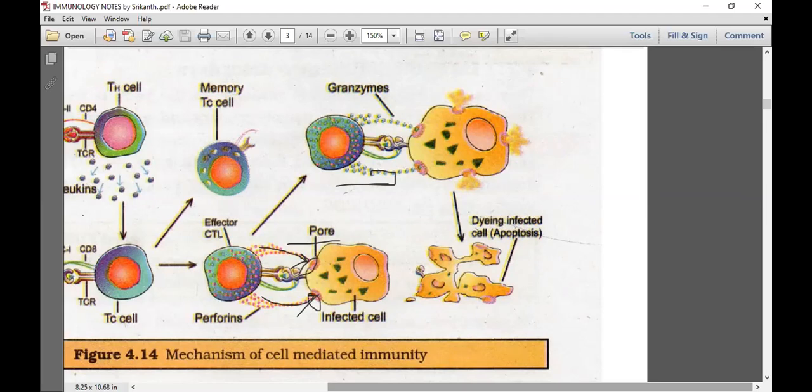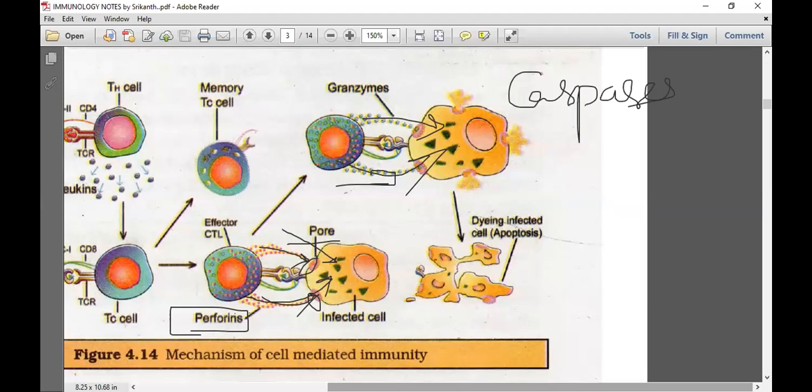With the help of enzymes called perforins, they make holes on the infected cell. Then through the holes, the granzymes, a special kind of enzyme, enter inside. First they make holes, then the granzymes enter inside, and they promote a special kind of protein inside called caspases.